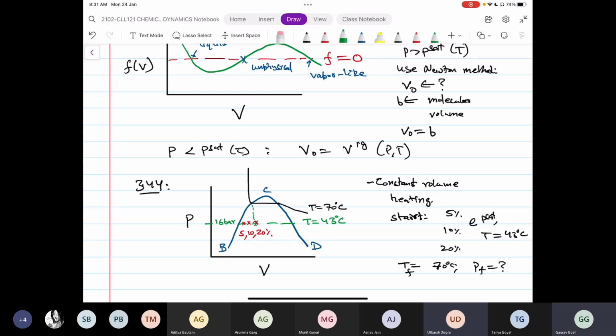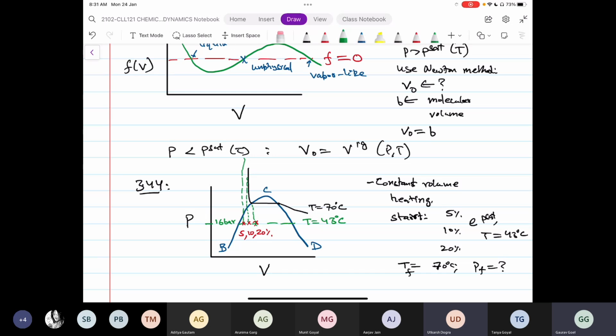If you do the calculation, starting at 20% you end up at the saturation point, and if you take the other two projections, you will end up at much higher pressures. So here you can already see what is happening.